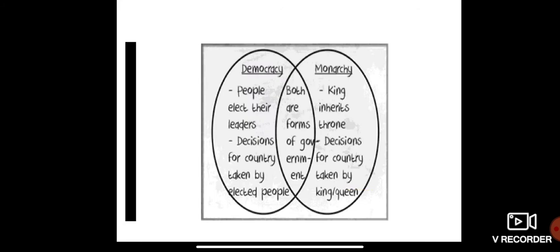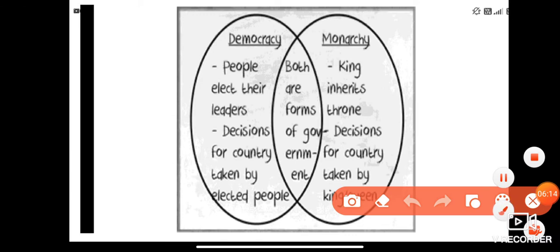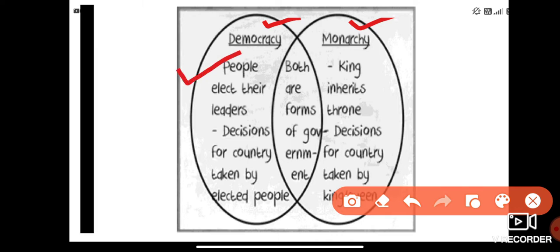Now this is called democracy and the monarchical system. One is democracy and the other is monarchy. So what is the difference between democracy and monarchy? Like I've already told you, in democracy people elect their leaders, and decisions for the country are taken by the elected people.